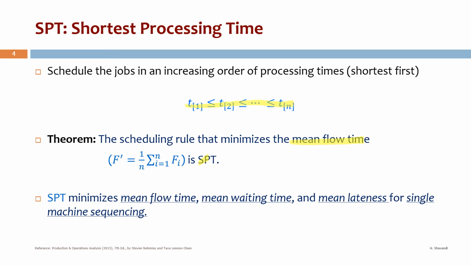So if our criterion in any scheduling problem is minimizing the mean flow time, then the optimal method is SPT. Also, in single machine sequencing, SPT will minimize the mean flow time, mean waiting time, and mean lateness as well.